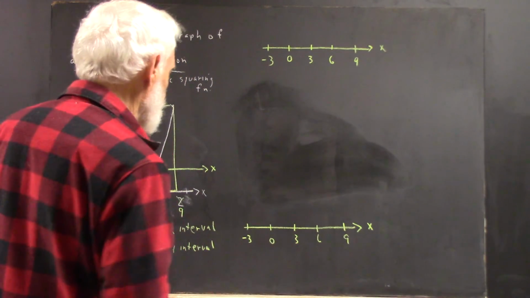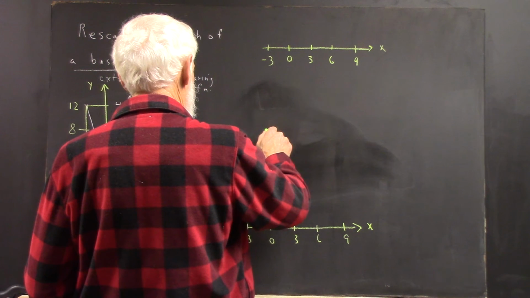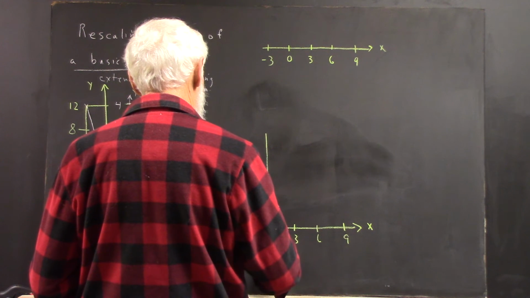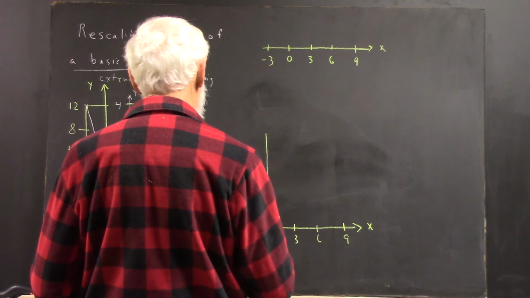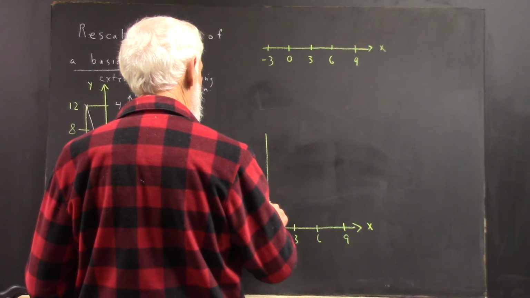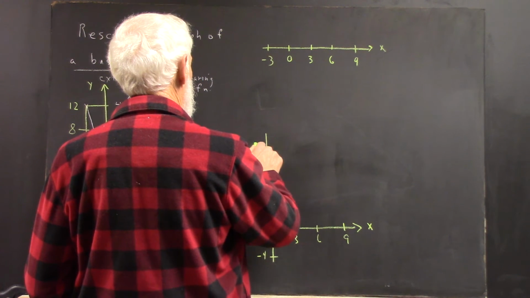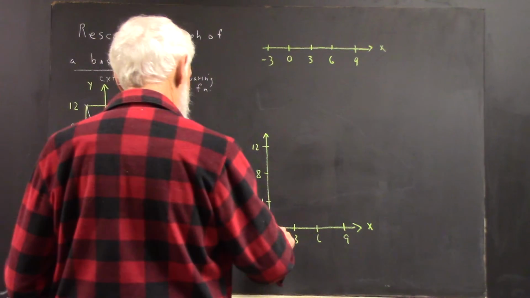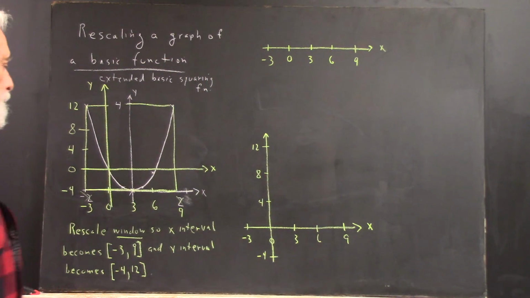My y-axis, you'll recall, had a window from negative 4 to 0 to 4 to 8 to 12. And it goes right through the 0 there. You know what that means.